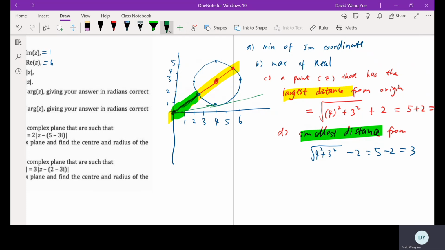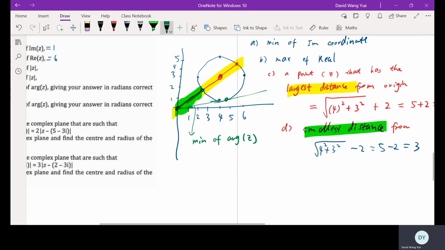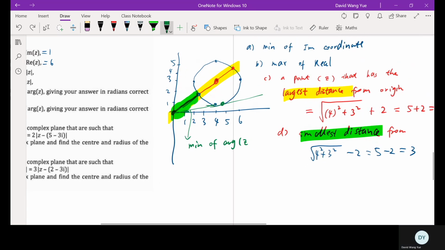Okay, let's say it touched the circle at a point here. So this part is the minimum angle. This is the minimum of argument Z. Okay, let's call it alpha.